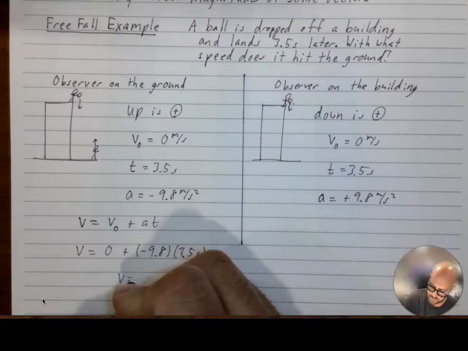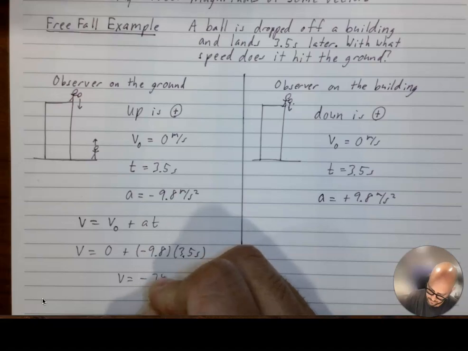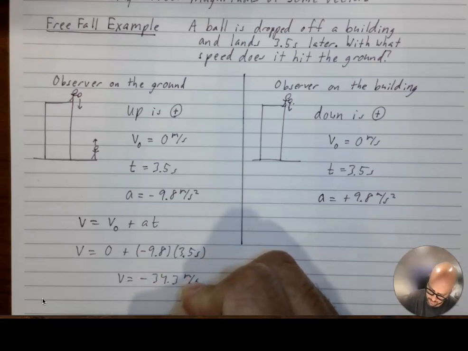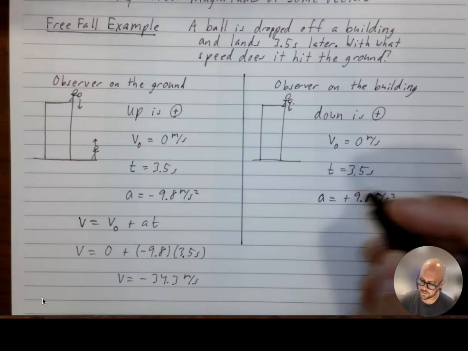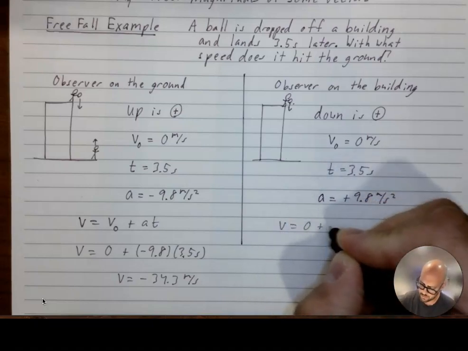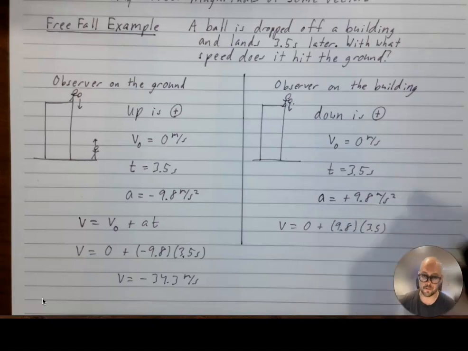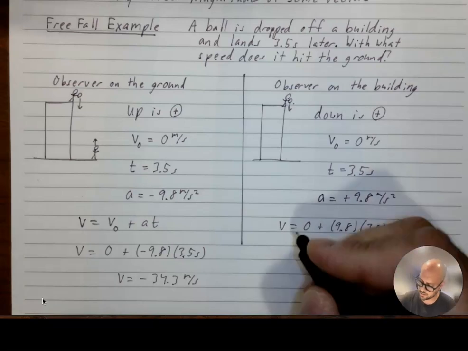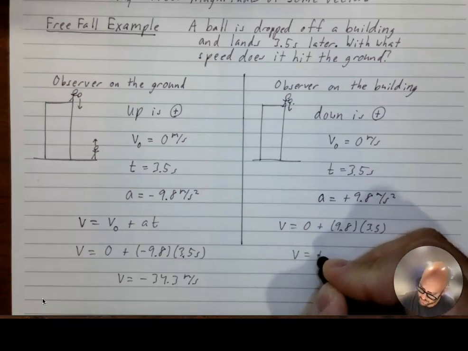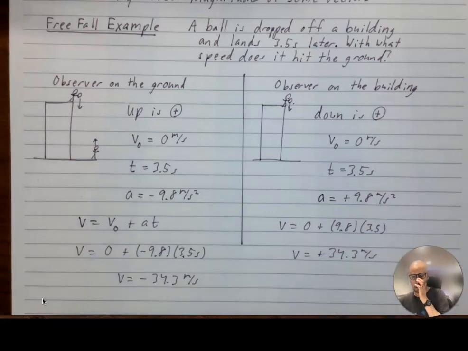And so the velocity with which the ball hits the ground is negative 34.3 meters per second. If I do the same thing for this one, it's v equals 0 plus a positive 9.8 times 3.5. It's the same numbers, except both positive this time. I get the same answer.